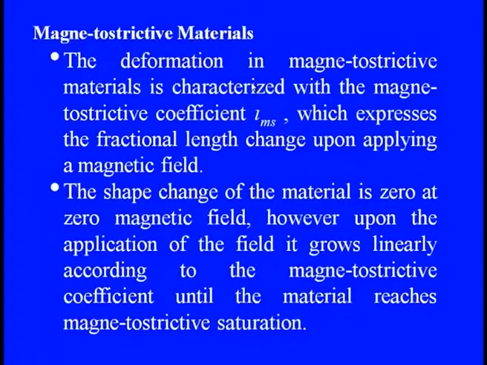When the shape change of the material is 0 at 0 magnetic field, the application of flux on the expansion or orientation of these ellipsoid particles grows linearly according to the magnetostrictive coefficient until the material reaches magnetostrictive saturation.